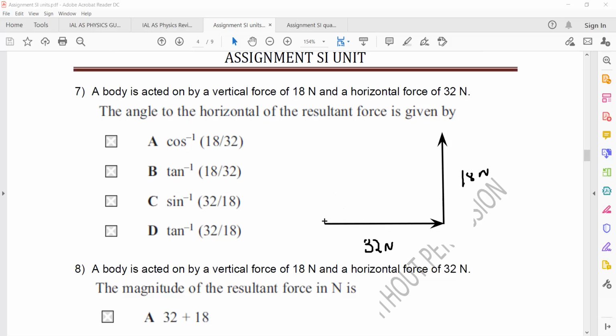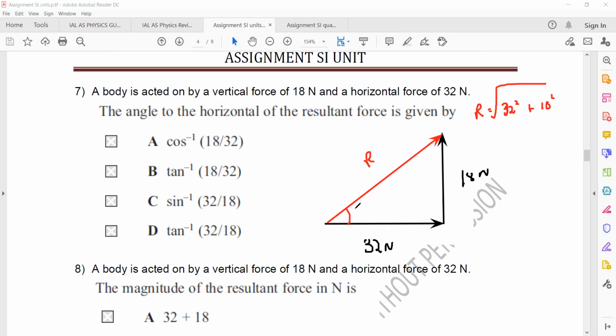That will be the result, and it is making a right angle triangle. If I need the magnitude of this resultant, it is the hypotenuse, and we know hypotenuse square is equals to base square plus perpendicular square, the Pythagoras theorem. So 32 square plus 18 square in a root, I'll get the magnitude.